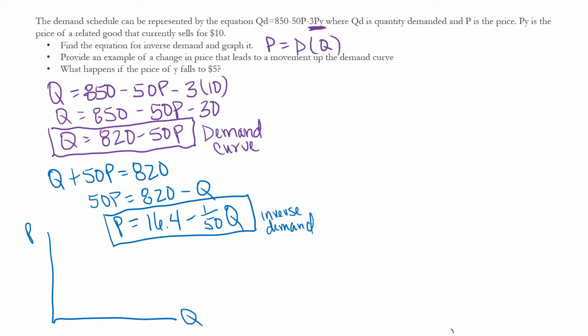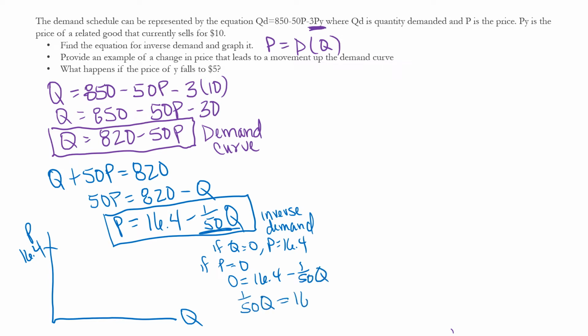So when I graph, I like to look at the intercepts. The first one is easy. If Q is equal to 0, then this whole bit will go away, and we'll get P is equal to 16.4. So I know my maximum point on the demand curve is going to be 16.4. Then I need the other intercept, so if P is equal to 0, then I get 0 equals 16.4 minus 1 over 50Q. 1 over 50Q is equal to 16.4.